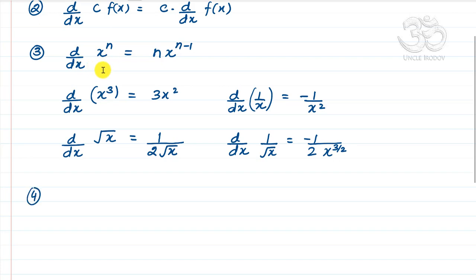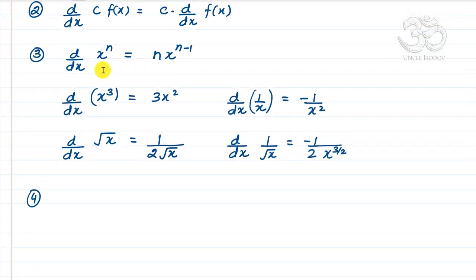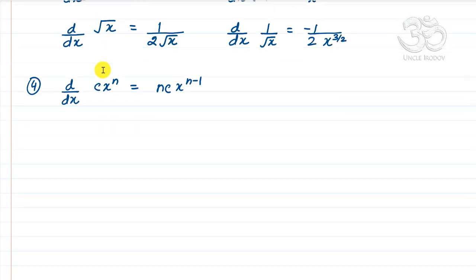Let's have a look at something else. Suppose I have got a large number of terms added up. Suppose I have got something like d by dx of c x raised to the power n. What will that become? Correct. And then let me add up a few terms.